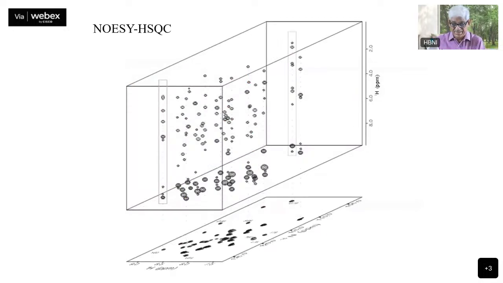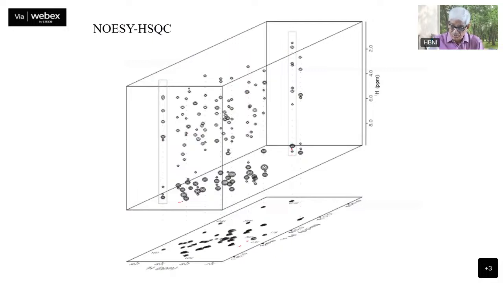So here you see an experimental example of a NOESY HSQC. This is a typical two-dimensional HSQC spectrum. If you take this plane here, this is basically the projection, the same as this. All these peaks which are there are the same as this. Now for each one of those, you have pulled them along this third dimension. This is the additional proton dimension, as per the NOEs.